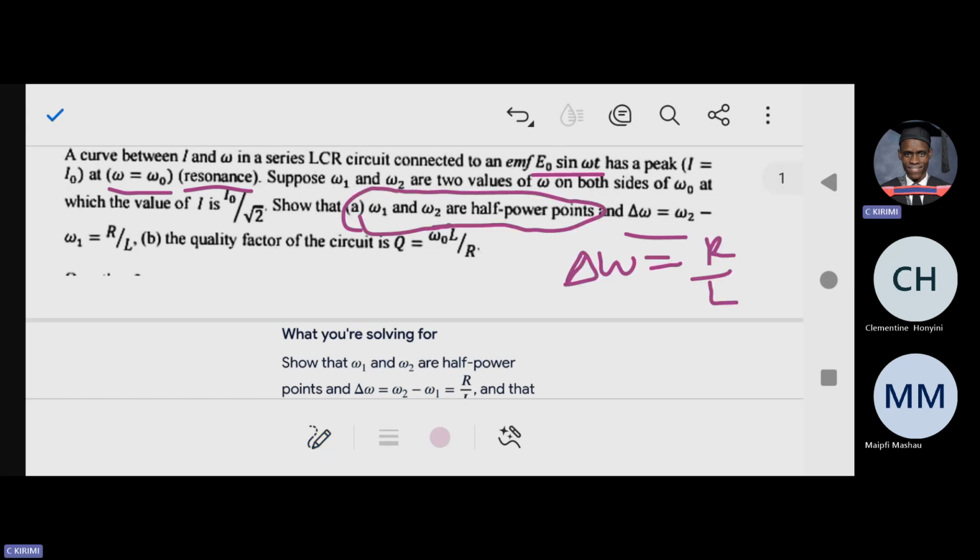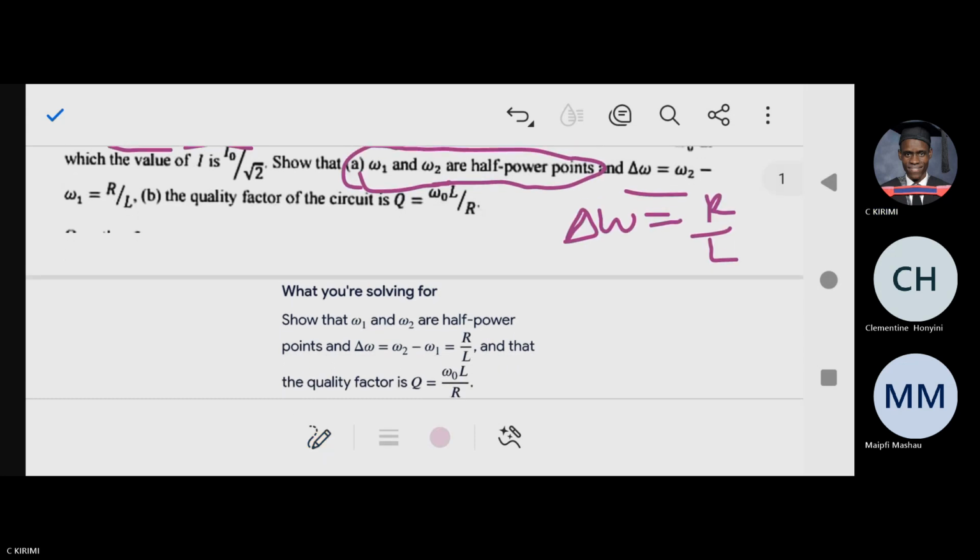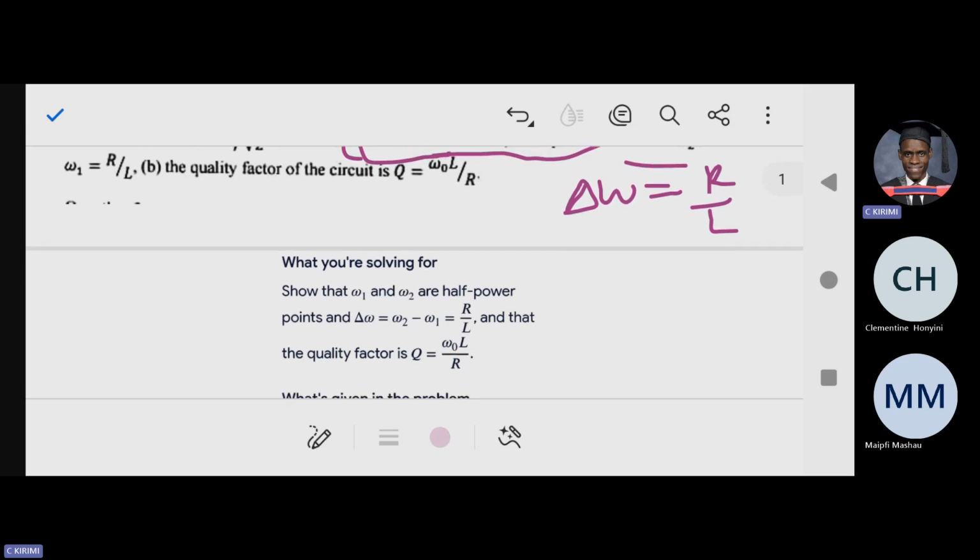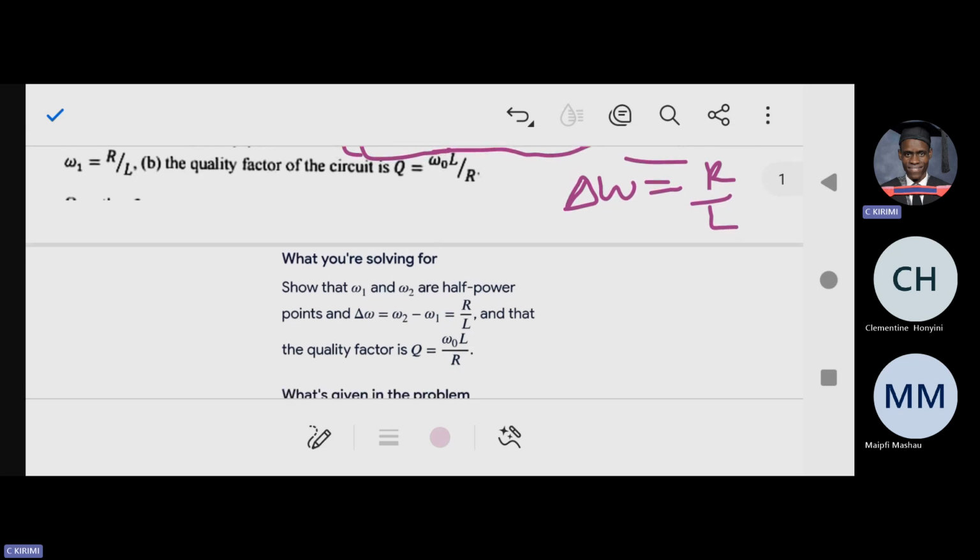There are some basics you must master according to the symbols. What we are solving for: show that omega 1 and omega 2 are half power points, and this change in omega is equal to that, and that the quality factor Q is omega naught multiplied by L over R, which is the resistance.